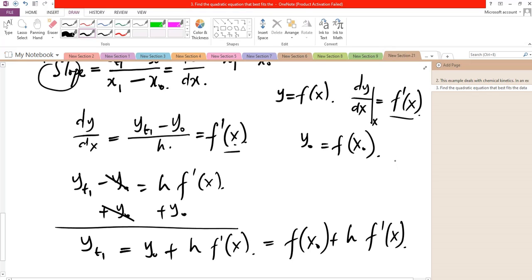Now since this is a straight line, a tangent at a point x0 equal to 3.2, the slope at that point will be at the point where x is equal to x subscript 0, that is dy dx, which is f prime of x0.